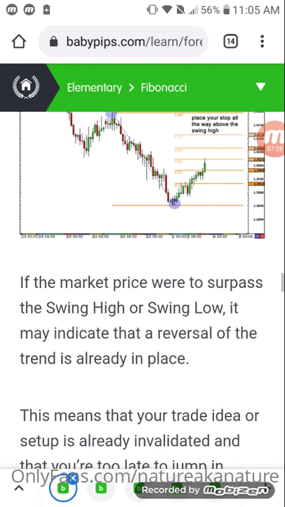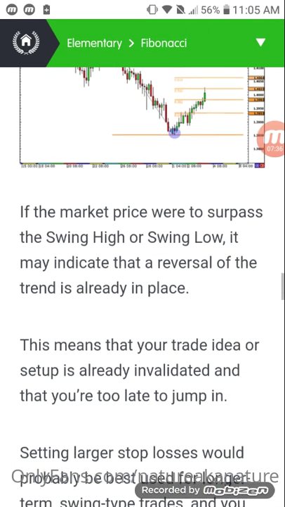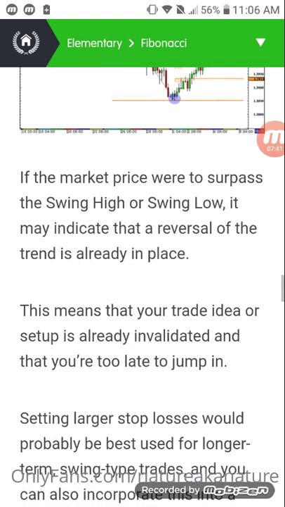So this is another example of how to place your stop loss so you won't lose as much money. If the market does surpass the swing high or swing low, it may indicate that a reversal in the trend is already in place.